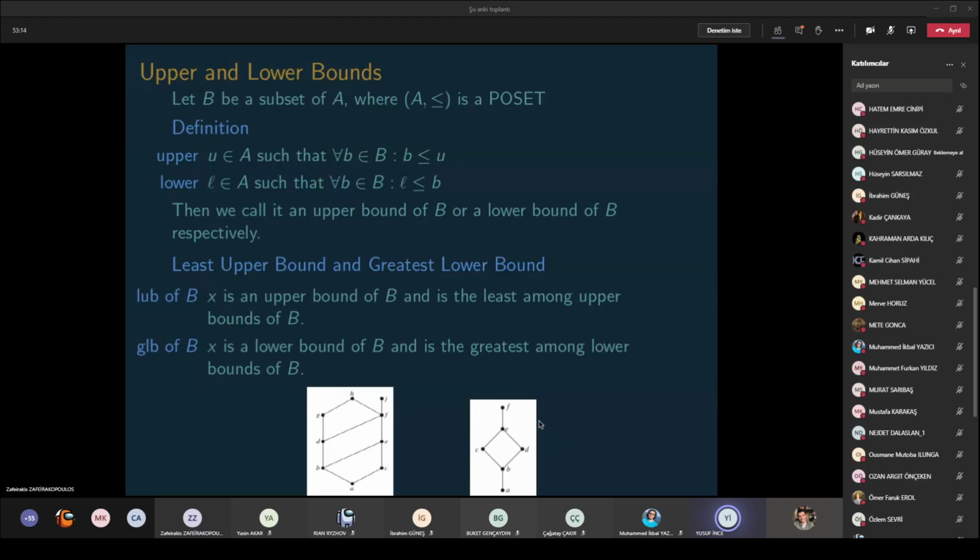Let me try to answer. You asked for the least upper bound and the greatest lower bound for the second part.